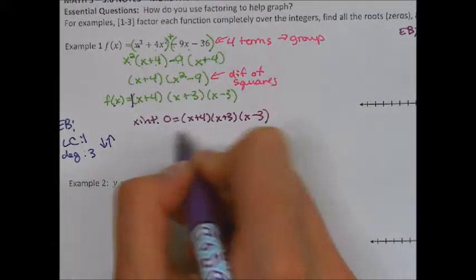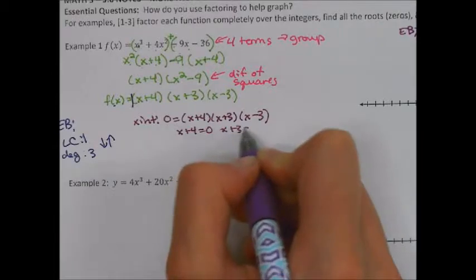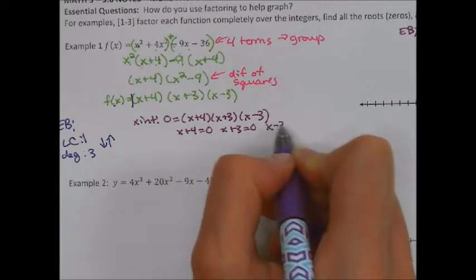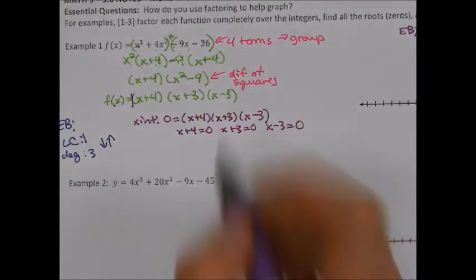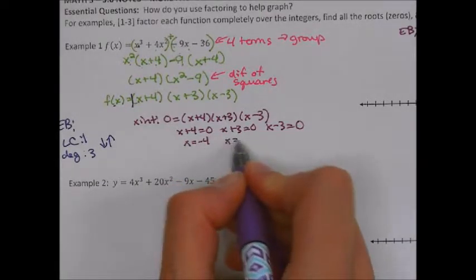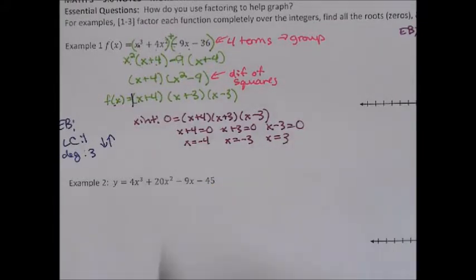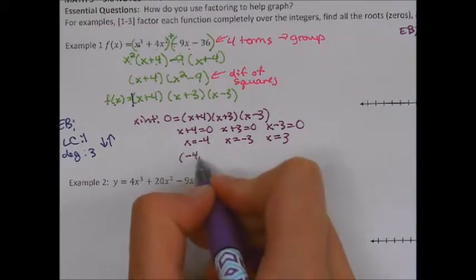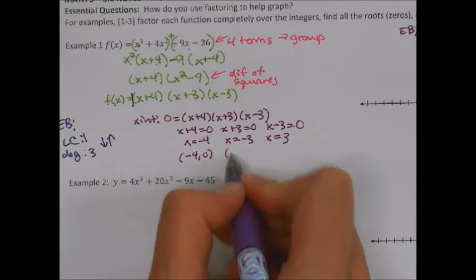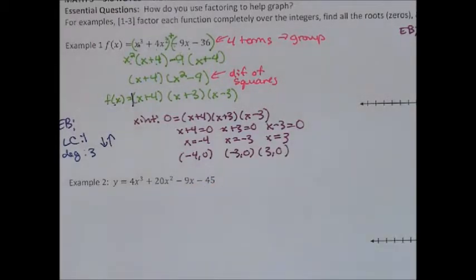So I set all of these equal to 0. Here I get negative 4, negative 3, positive 3. And then we write them as x-intercepts.